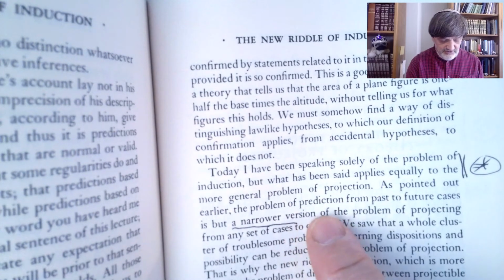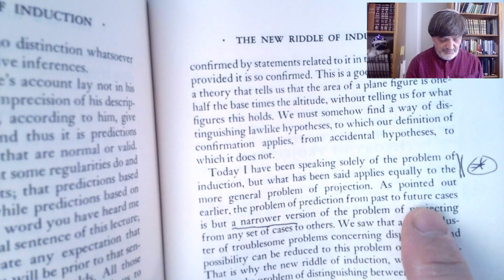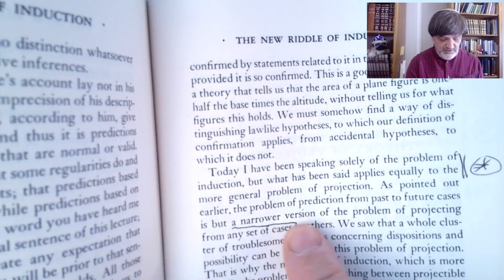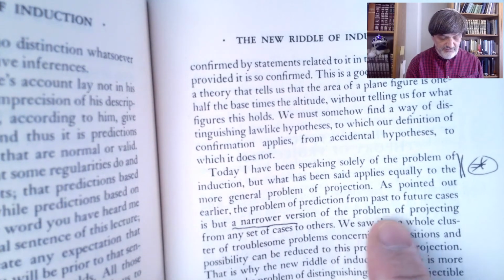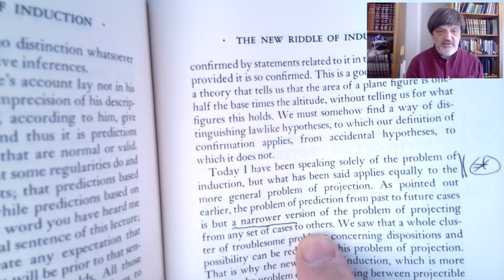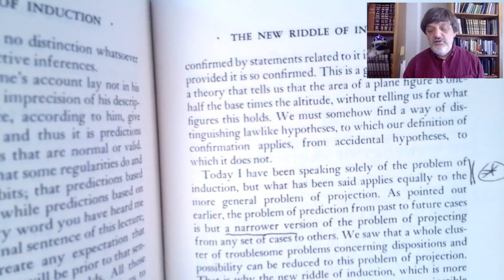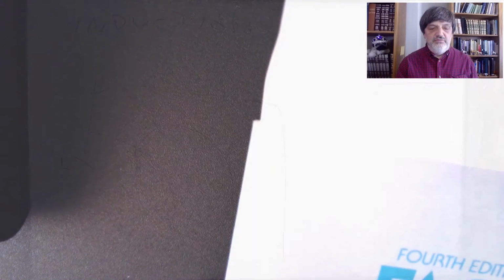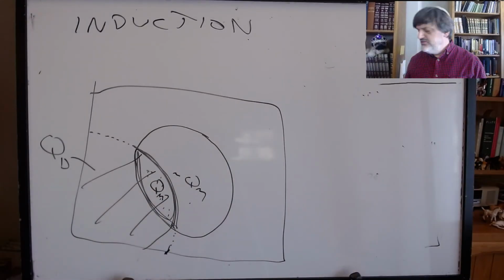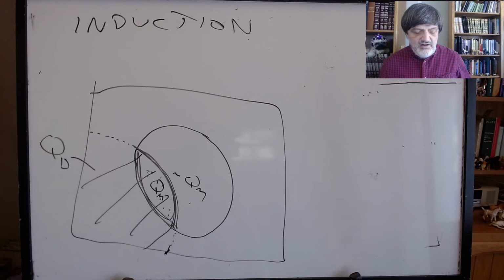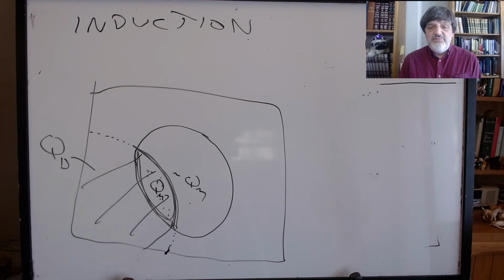As pointed out earlier, the problem of prediction from past to future cases is but a narrower version of the problem of projecting from any set of cases to others." So by the end of the chapter, we've realized that the problems about induction are not just similar to the problems about projection, but in fact they're a special case of the general problem of projection.